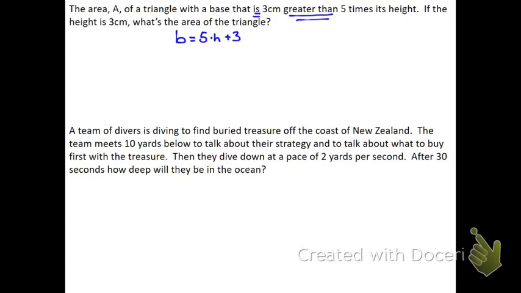The next part says that if the height is 3 centimeters, what is the area of the triangle? So if our height is 3 centimeters, we have to find the base in order to find the area. So let's substitute H for 3. So our new equation is B equals 5 times 3 plus 3. 5 times 3 is 15 plus 3, our base is 18. So we've got our base and we've got our height.